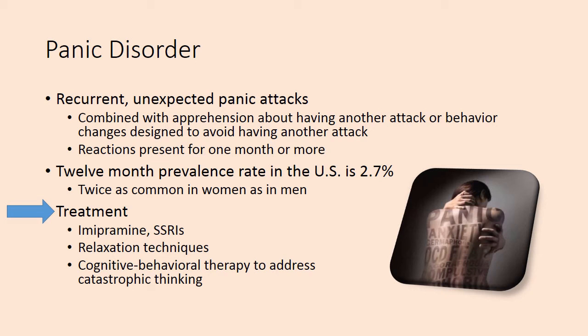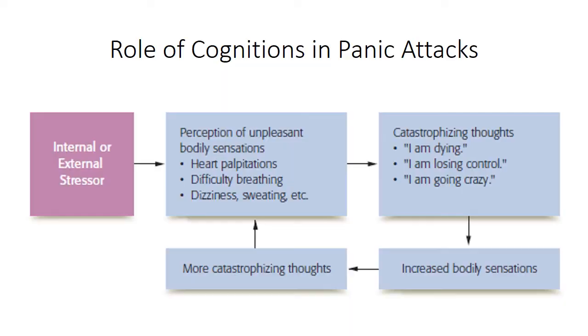Cognitive behavioral treatments teach clients to recognize catastrophic thoughts and reframe to reinterpret their bodily sensations. People diagnosed with panic disorder tend to interpret bodily sensations in a very negative way. Cognitive behavioral therapy is very effective in treating panic disorder as it increases self-efficacy and a sense of control over one's body.